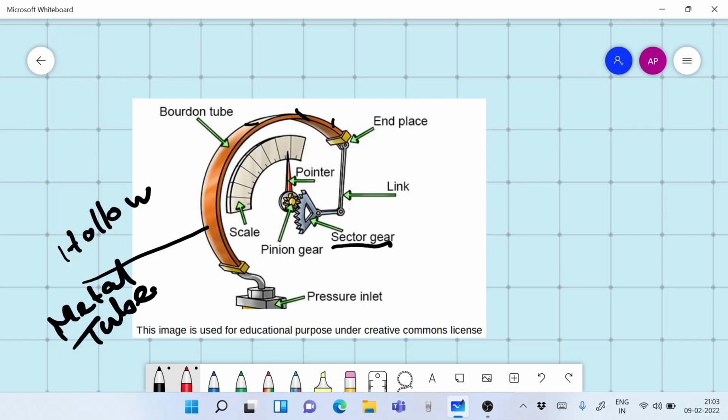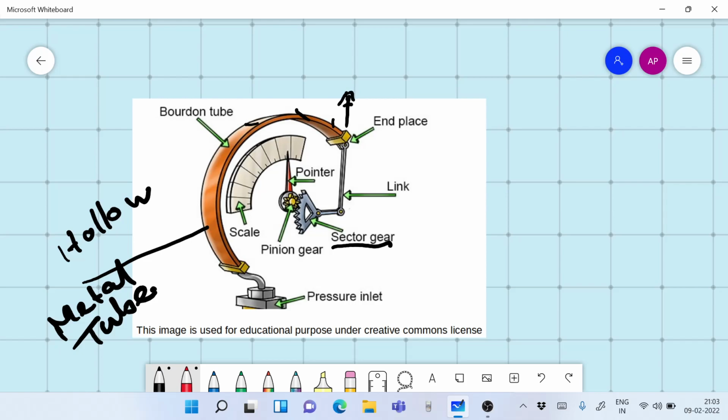Because it is going to apply pressure, that is force per unit area, the walls of the metal tube are going to distort. Now because of the distortion, it's going to lift up, it's going to straighten up.